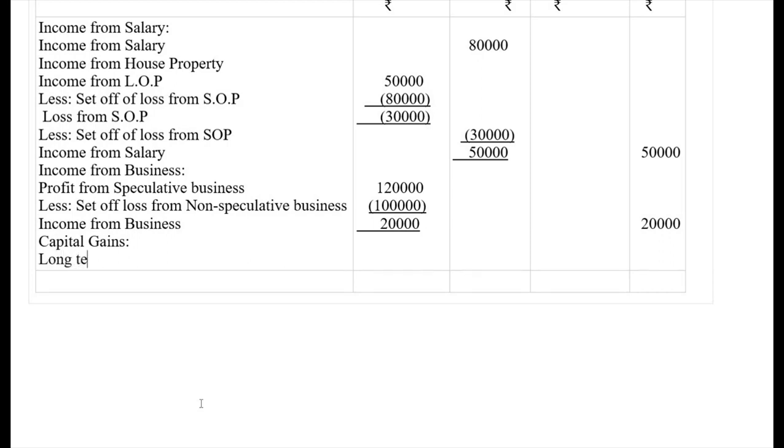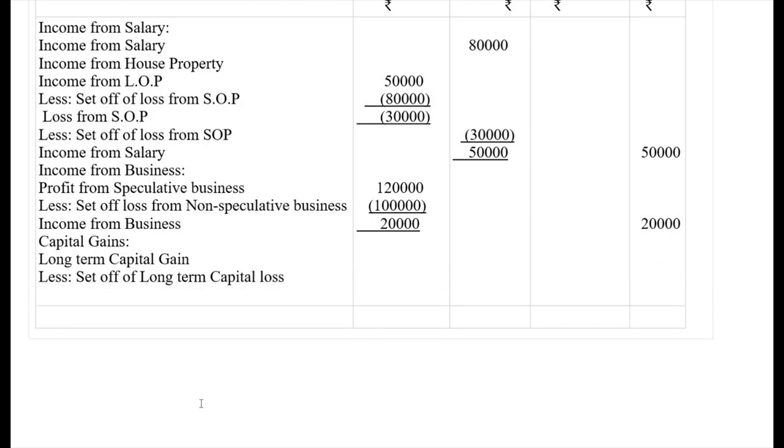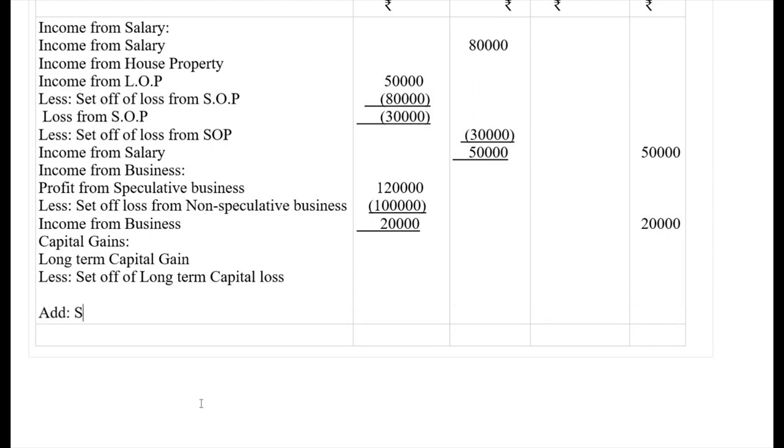So long-term capital gain less set off of long-term capital loss, then from that we should add short-term capital gain.